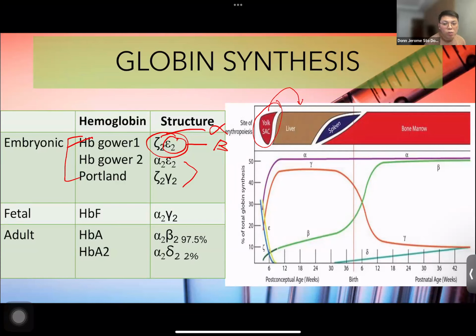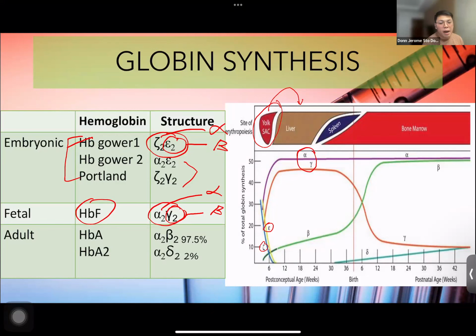At around 10 to 12 weeks of gestation, we form another type of hemoglobin, that is your hemoglobin F or fetal hemoglobin, that has two types of globin chain. Alpha from the alpha globin gene family and gamma from the beta globin gene family, coinciding with the dramatic decrease in the epsilon and zeta. Ito na po yun, alpha and gamma.